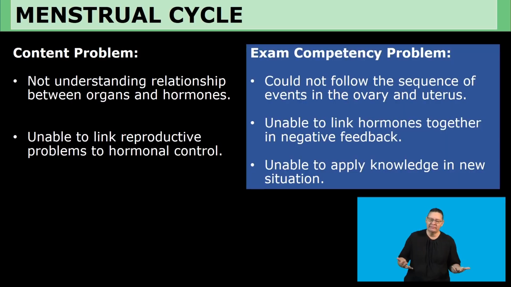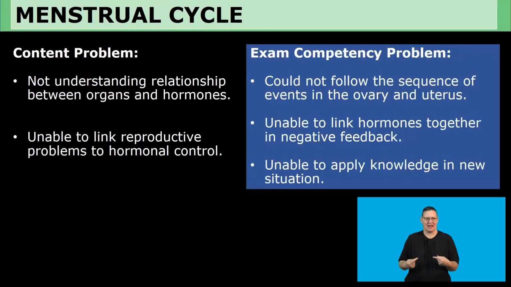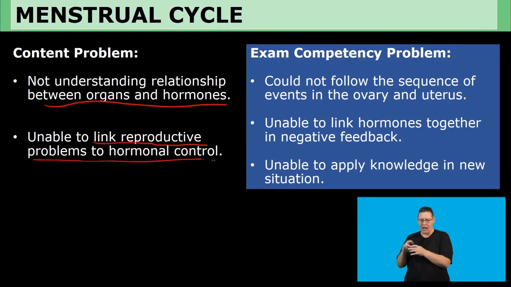Generally, the problem with this chapter is that learners will struggle to understand the relationship between the organs and hormones, and the inability to link the reproductive problems to hormonal control.